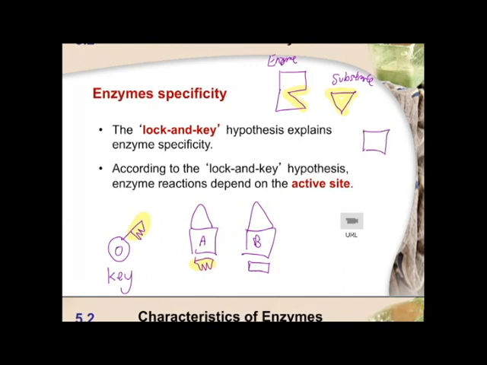And of course, you have another substrate, maybe it's a square. So which one could actually fit into the enzyme active site? Most probably the triangular substrate.